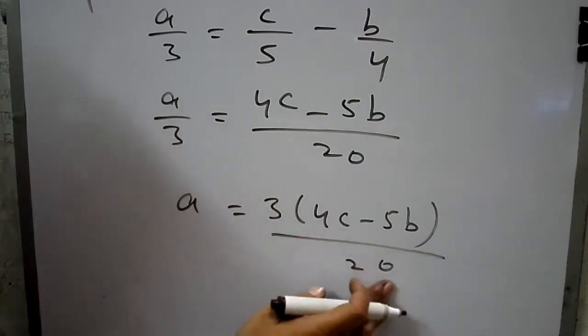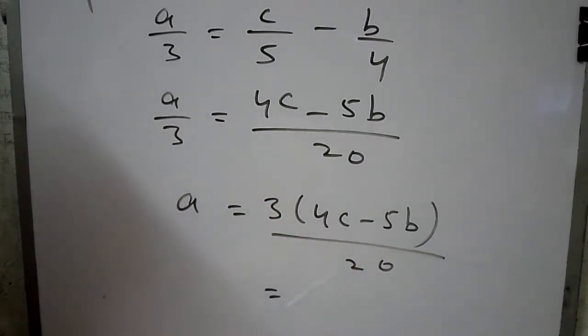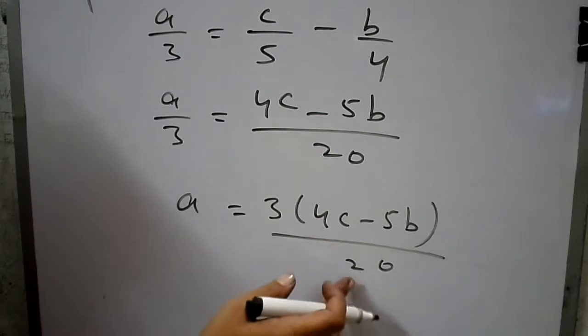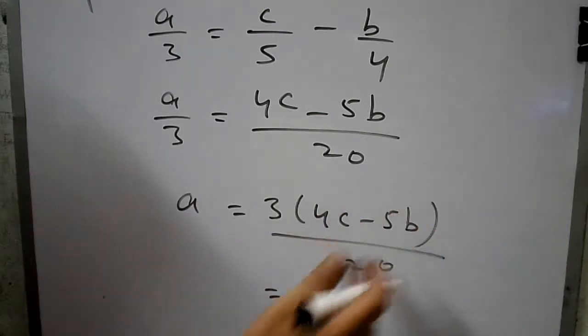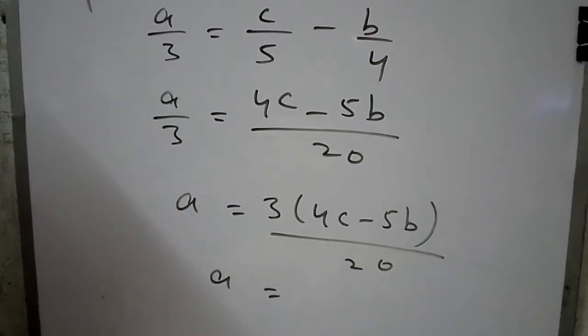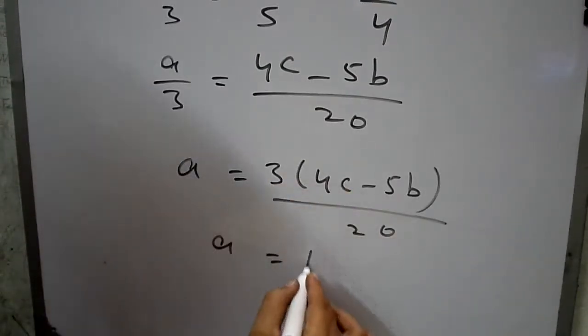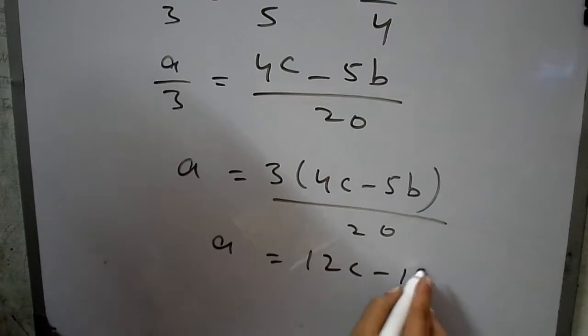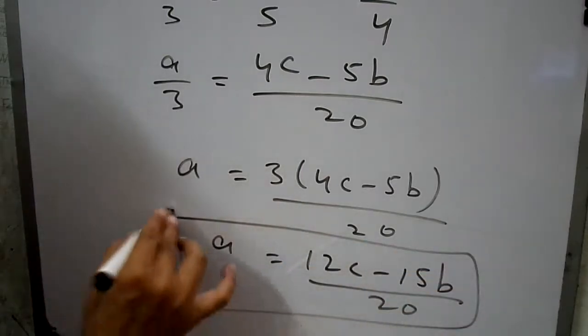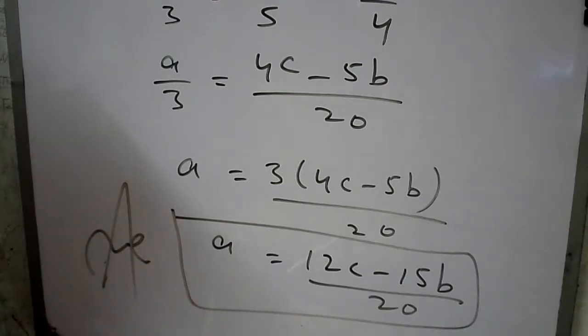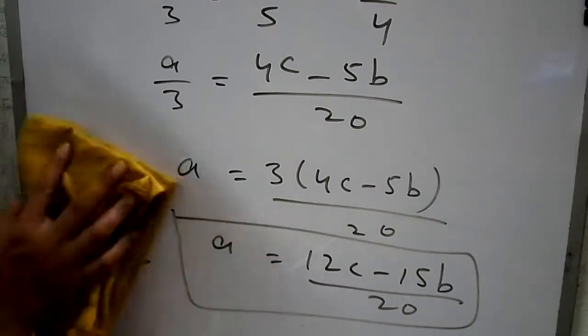If you simplify it, then no problem. You should multiply it, and that is where the value of A is. For example, 4 3s are 12C minus 15B divided by 20, so that is your A. That is your result, because we have to make A the subject. Then coming to the G part.